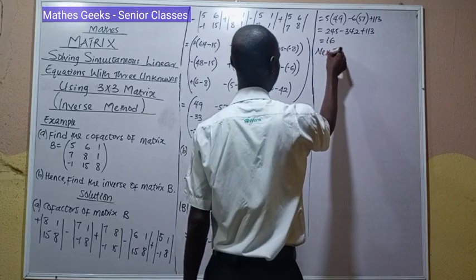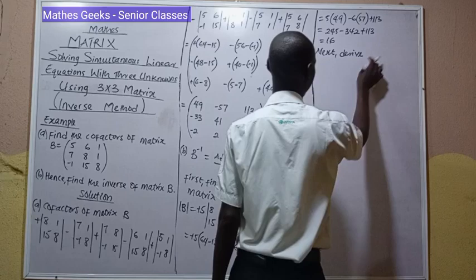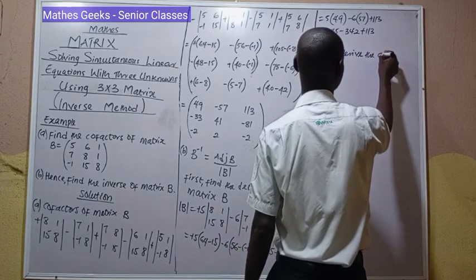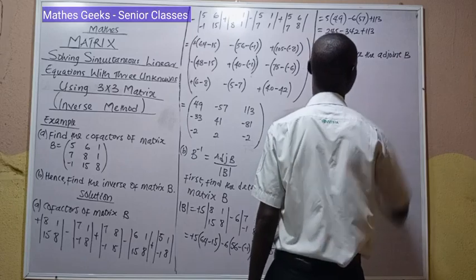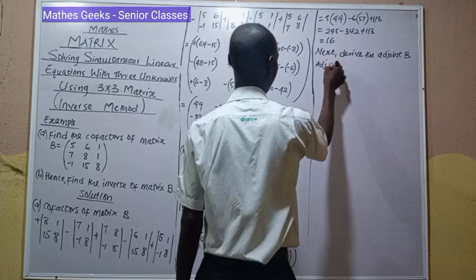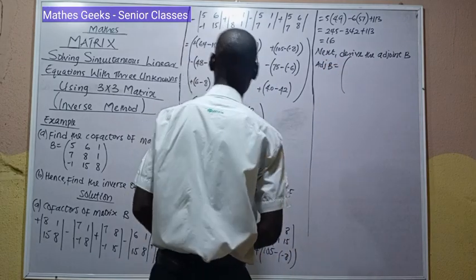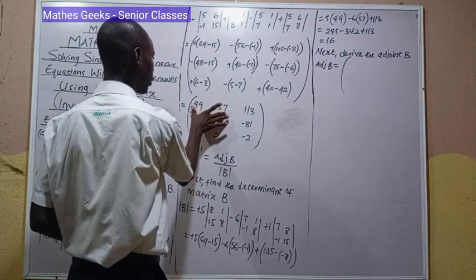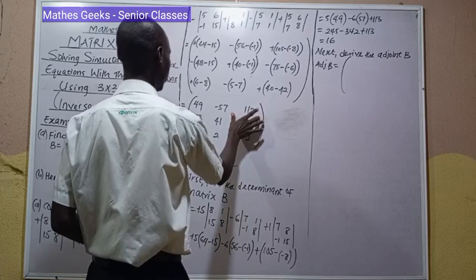Next, derive the adjoint of matrix B. The adjoint of matrix B is equal to the transpose of this matrix. So I'm going to change the columns to become rows.